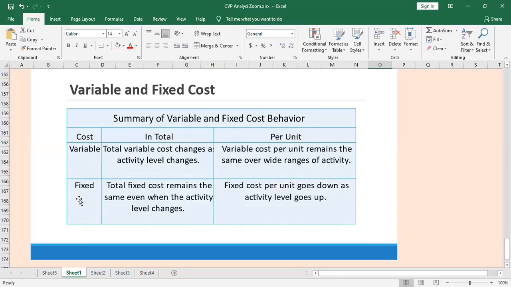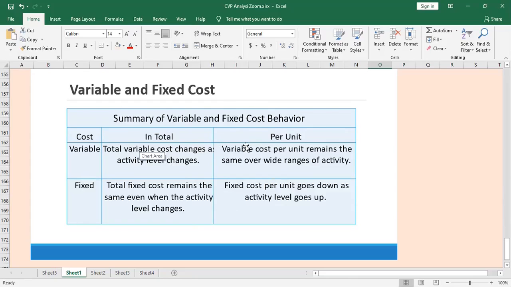Fixed cost, it's the other way around. Total fixed cost remains the same even when the activity level changes, but the unit fixed cost will go down when the activity level goes up. So this is the summary of what we have discussed so far, right?